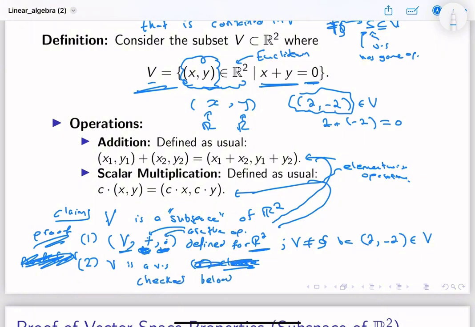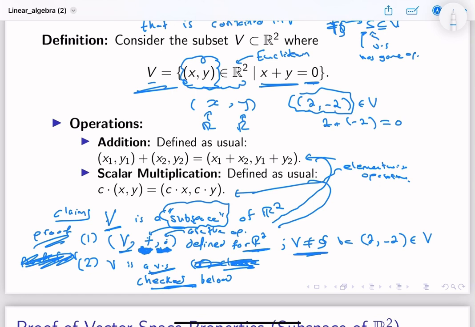Since V is first of all non-empty, and it's contained in R2, it inherits the same operations as R2, and it's itself a vector space, just as we checked before. Thus we call V a subspace of R2, right? Now, okay, so this completes this example.